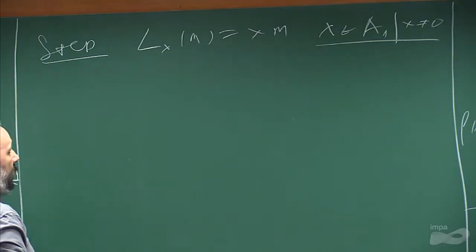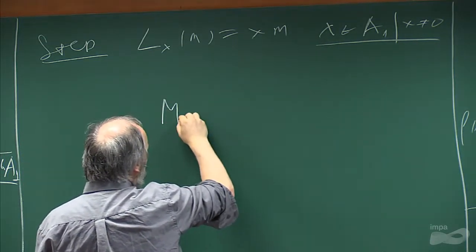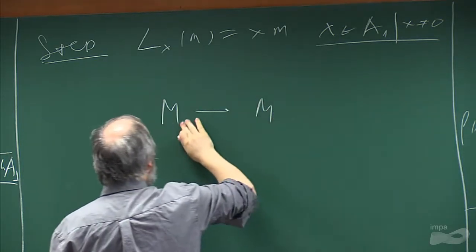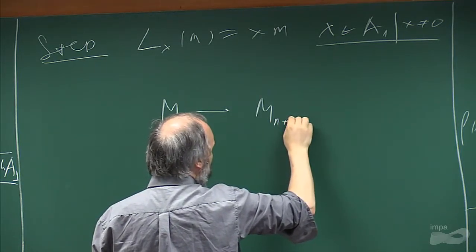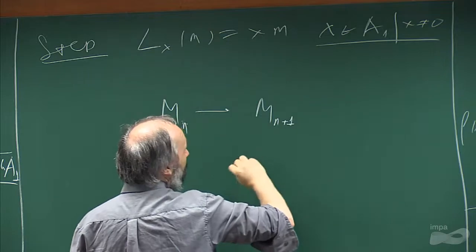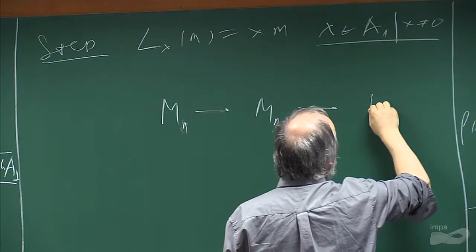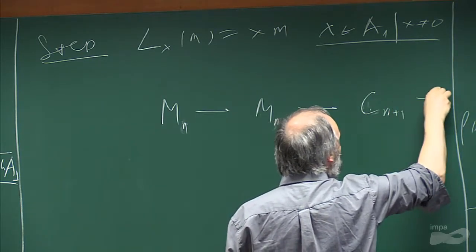This operation of multiplication by x. So if you have M, you write an exact sequence: M goes to M, like M_n goes to M_{n+1}. Here you have C_{n+1}, 0.